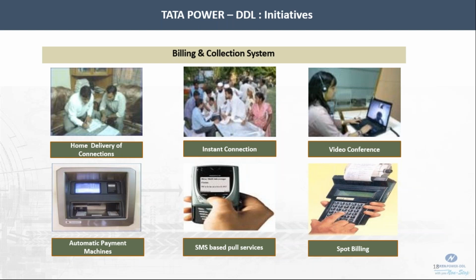The next slide is again how the connection efficiency has improved, that anyone who asks for connection, we only take 2 documents of his premises and 1 application and give him instant connection. The dues checking and other formalities are done automatically in billing application itself.